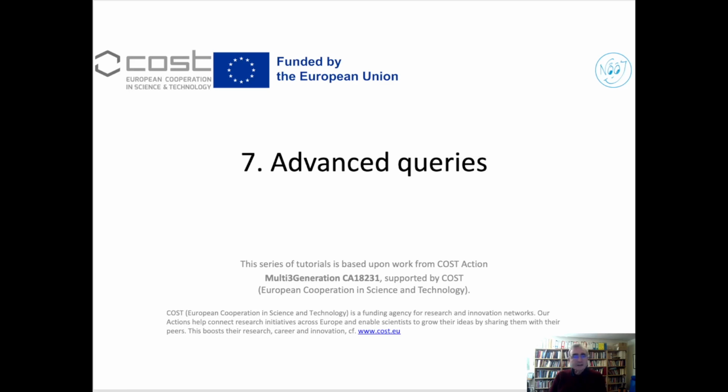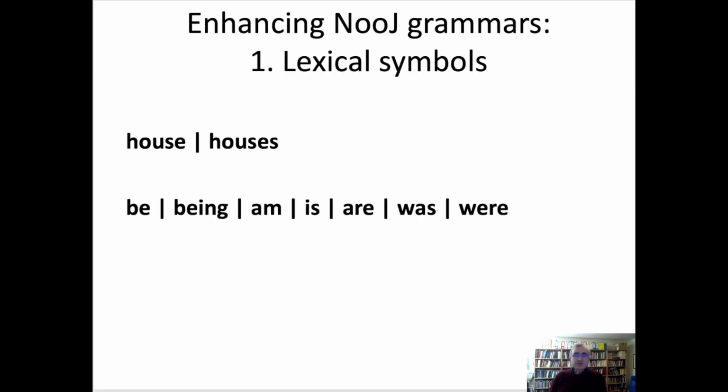So the basic idea is pretty simple. Let's say you want to look for all the occurrences of the word house, but you also want the inflected form houses, or you want to look for the verb to be. Instead of typing in house, pipe, houses, since you have used the English linguistic resources, remember when you selected info preferences, you selected the language.